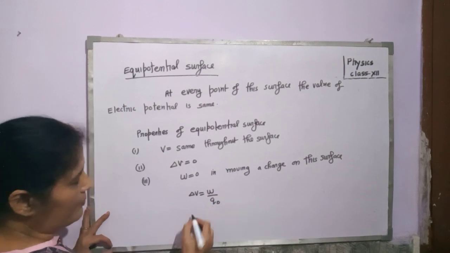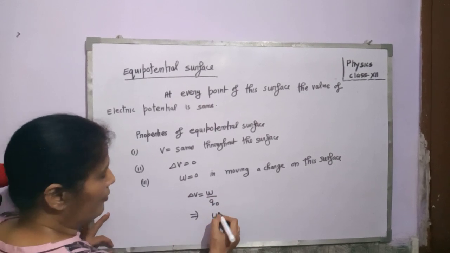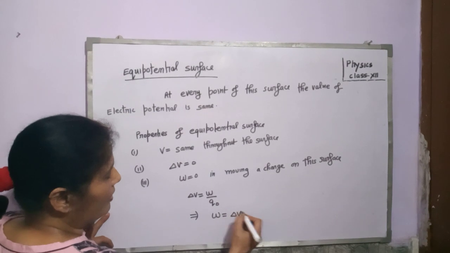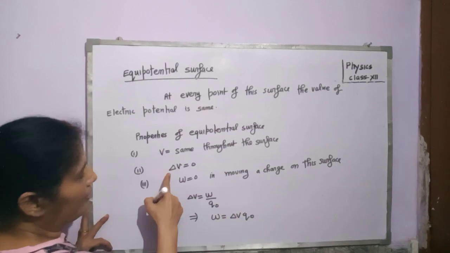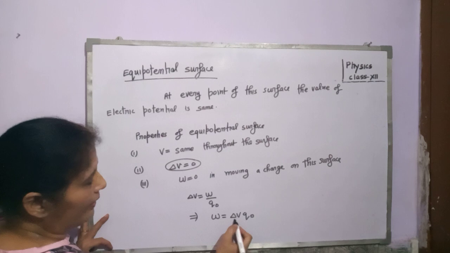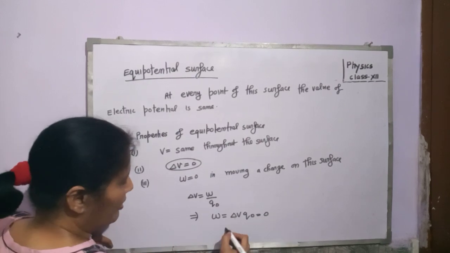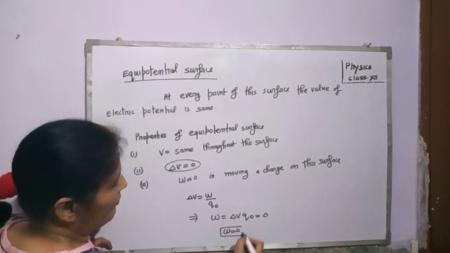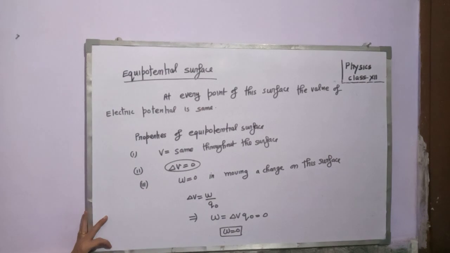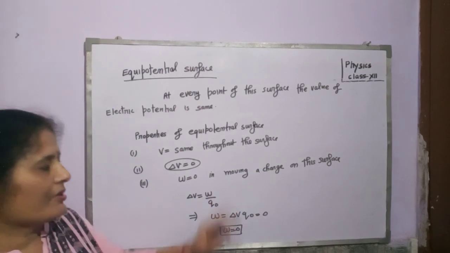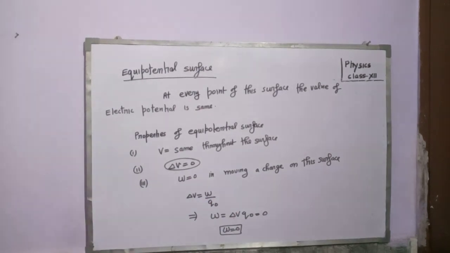Suppose Q naught charge is moved. This implies that W is equal to delta V Q naught. From the second property, delta V is equal to 0. Putting delta V is equal to 0, we get W equal to 0. That means the work done becomes equal to 0. No work is done in moving a charge on this surface.